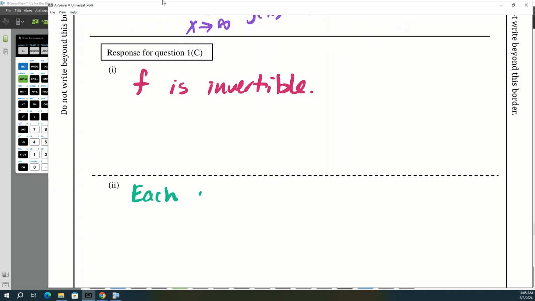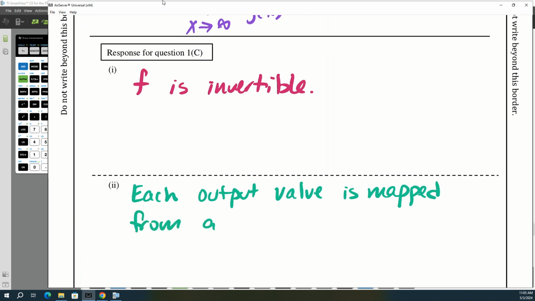But what you're going to say is each output value is mapped from a unique input value. And if f was not invertible, you would say each output value is not mapped from a unique input value.